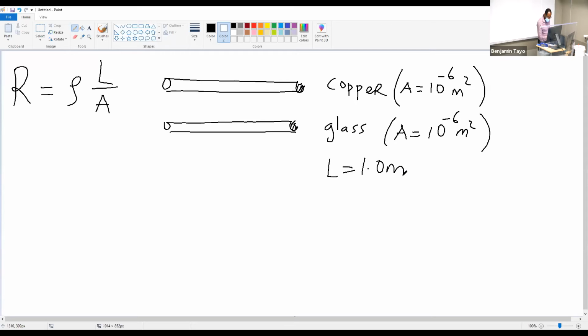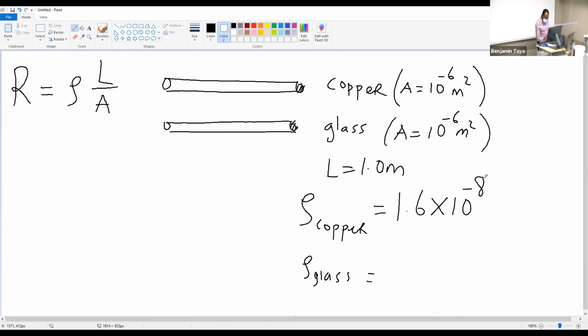Now the difference is that the resistivity for copper and the resistivity for glass are different. So when I look this up on that table, for copper I get about 1.6 times 10 to the negative 8.